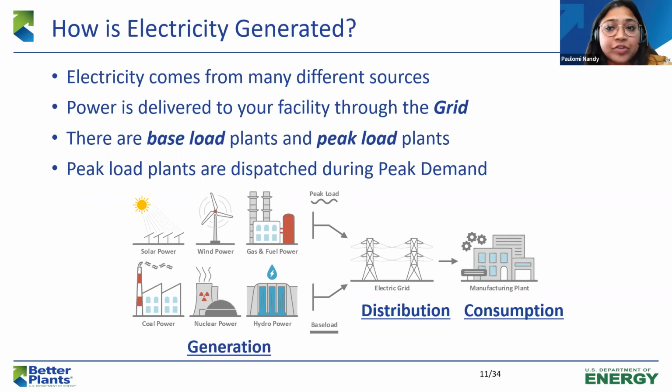Base load plants are basically operating all the time, and peak load plants come online when there is a higher load demand on the grid. And so the basic idea is for the facility to start thinking about how to reduce their peak demand during these peak hours.